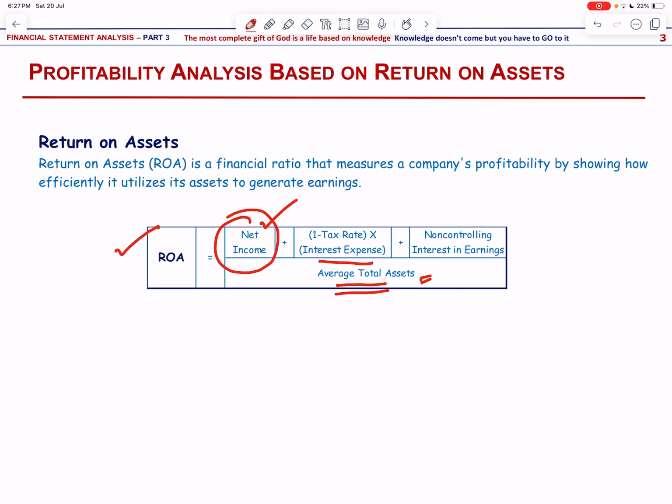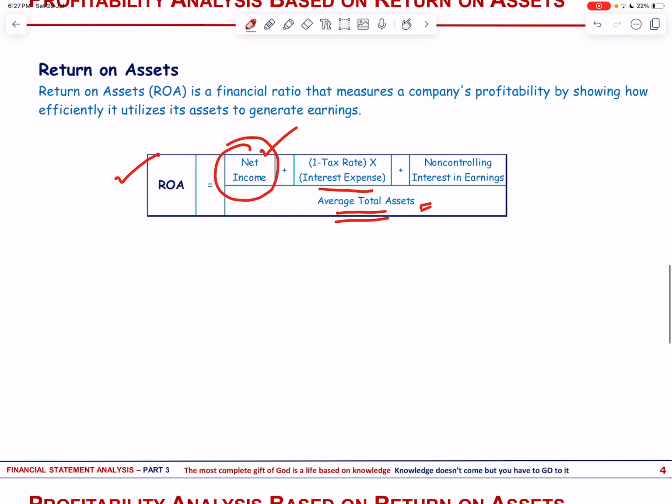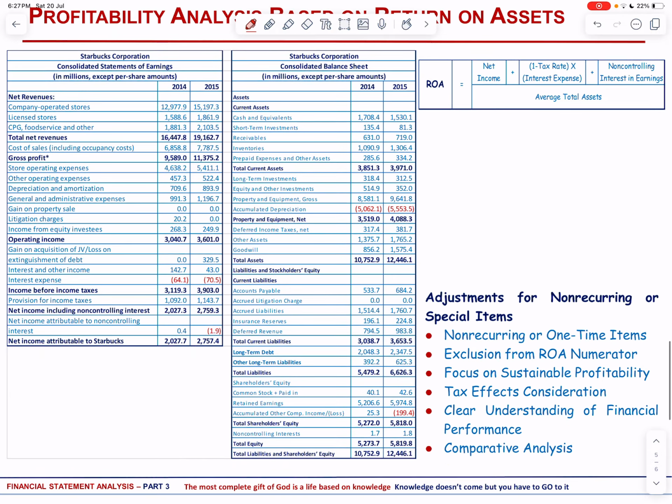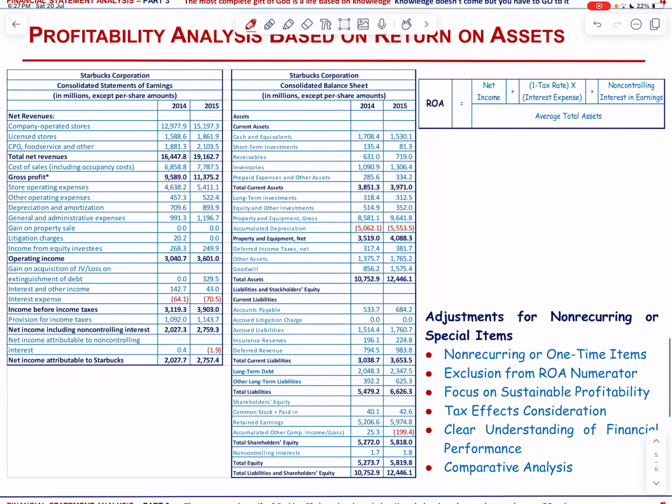So let us calculate return on assets for Starbucks for the year 2015. We have the company's consolidated statement of earnings and the consolidated balance sheet, and we will use the same formula to calculate return on assets. Now the net income is how much?